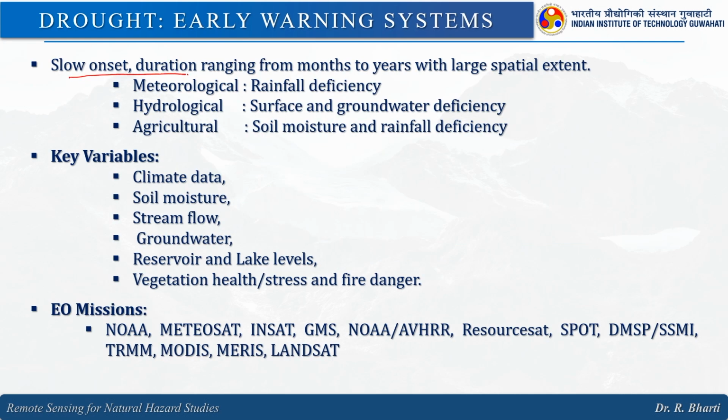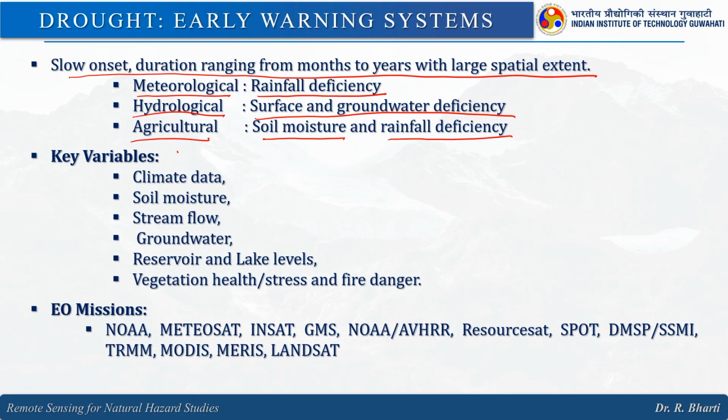Drought is a slow onset event with duration ranging from months to years and large spatial coverage. Here you have meteorological drought, which is because of rainfall deficiency, hydrological drought because of surface and groundwater deficiency, and agricultural drought because of soil moisture and rainfall deficiency.